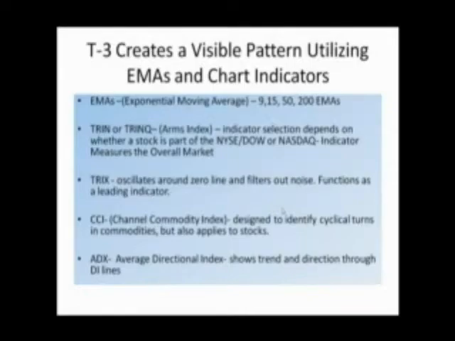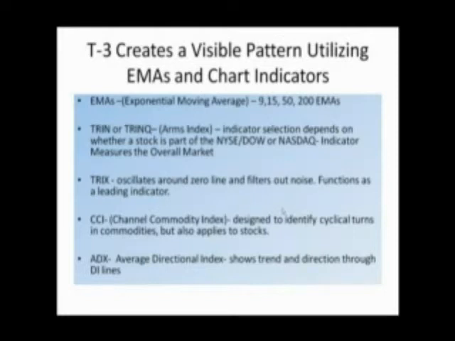T3 creates a visible trading pattern that utilizes a combination of EMAs and a variety of different chart indicators. The EMAs are the 9, 15, 50, and 200. It also uses the TRIN or TRIN-Q, which is an Arms Index.